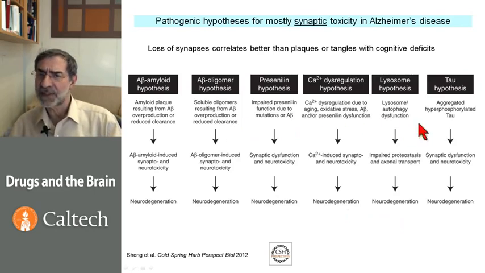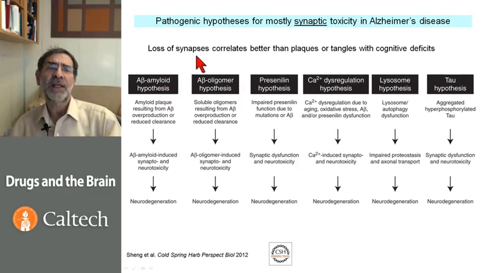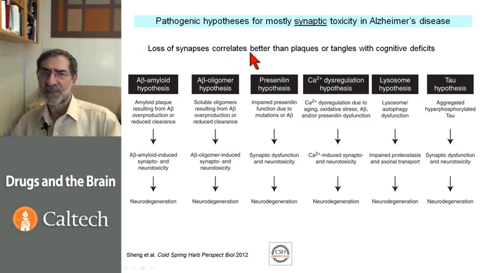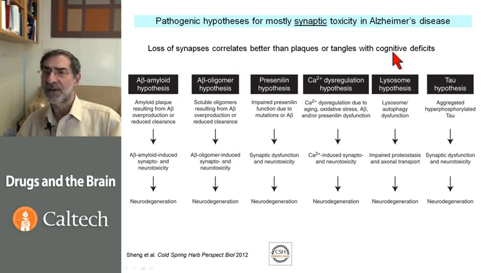And so the hypothesis has arisen and got some support that either loss of synapses or subtle changes in synapses could cause the cognitive defects associated with Alzheimer's. It certainly is true that in anatomical studies, frank loss of synapses correlates better with the cognitive deficits, and these are post-mortem studies, than do plaques or tangles.